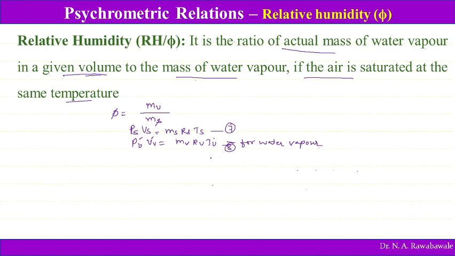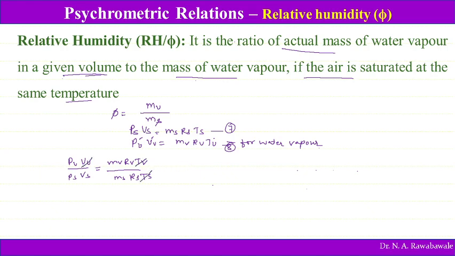So dividing equation number 8 with 7, we get PV VV divided by PS Vs, which is equal to MV RV TV divided by MS RS TS. So temperature is the same, as we say that the temperature of constituent gases is the same. So TV divided by TS gets cancelled.